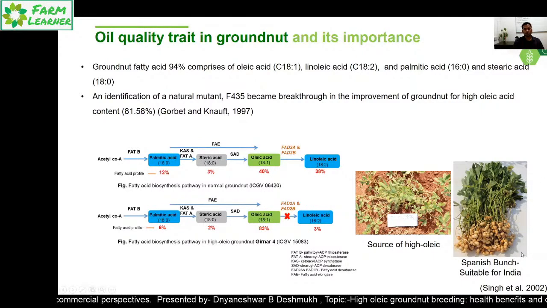What we want is Spanish bunch type, which is very suitable for Indian conditions. That is, as you can see here, it has Spanish bunch type, that is bunchy growth, and high productivity. That's how the challenge was to convert these runner types into bunch types which are suitable for the Indian ecology.